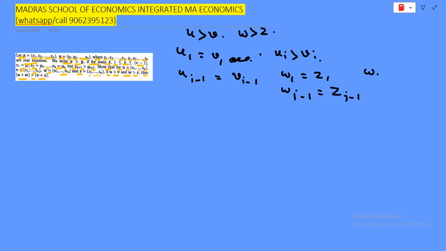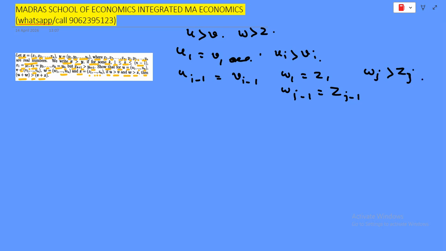So u1 is v1, and this goes up to u(i minus 1) is v(i minus 1), but ui is greater than vi. Now for w and z, let the first point of difference be at index j. So w1 is z1, and similarly w(j minus 1) is z(j minus 1), but wj is greater than zj.